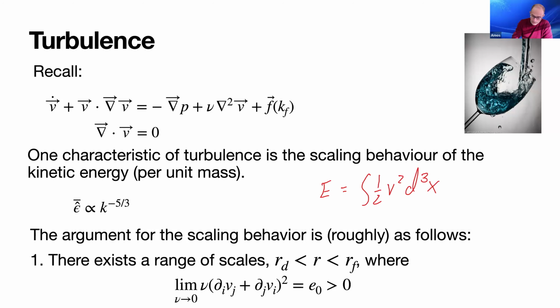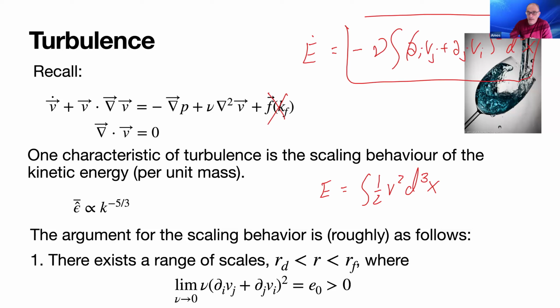If you don't have the driving force, then the time derivative of the total energy is equal to minus nu integral of (di Vj plus dj Vi) squared d3x. This quantity is the amount of energy that's being dissipated in the system. And what this is telling you is that in the inertial range, this quantity is constant even at very, very small viscosities.